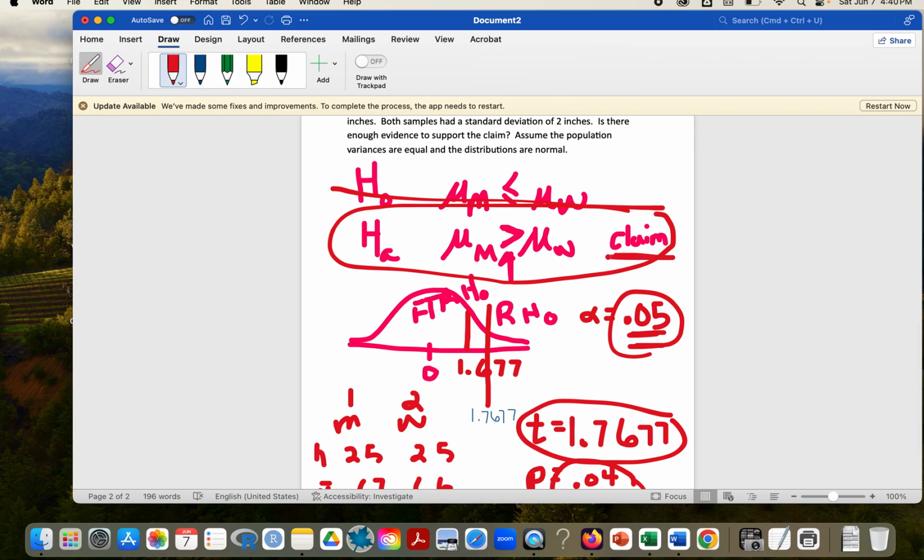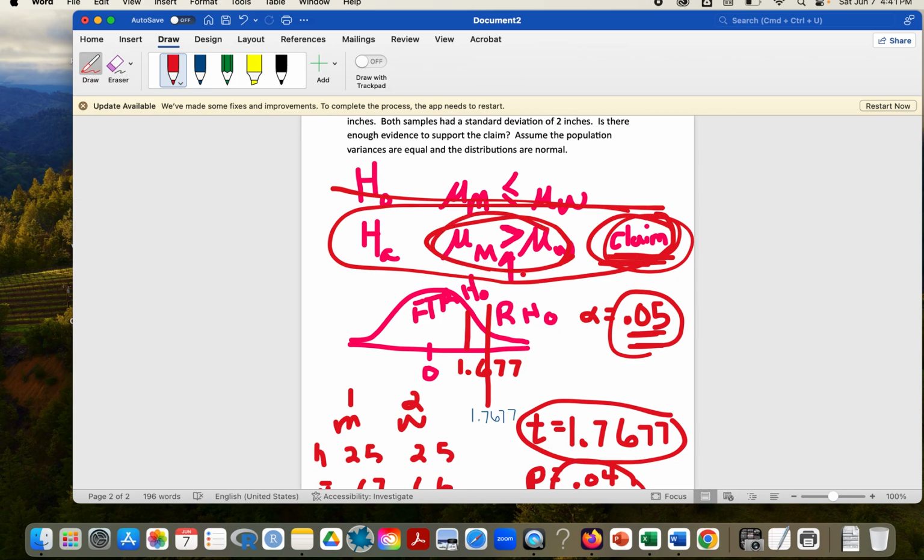And because the claim is attached to the alternative hypothesis, the data is supporting the claim. Let me say it a different way. Because the claim is attached to the hypothesis that is being supported, then the claim is supported.